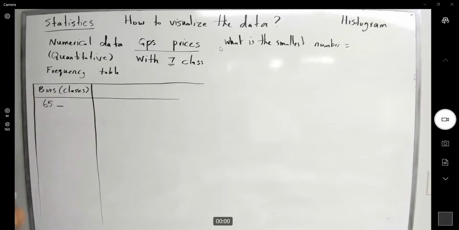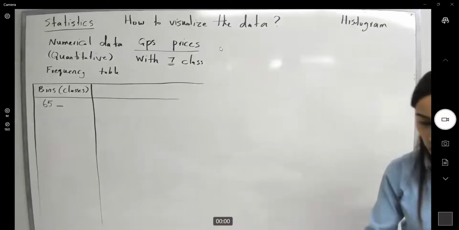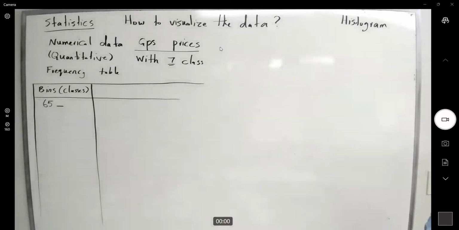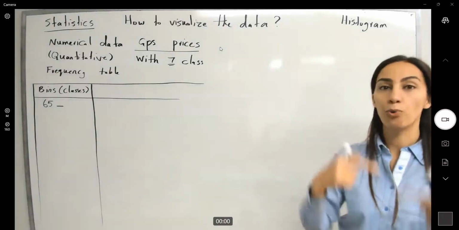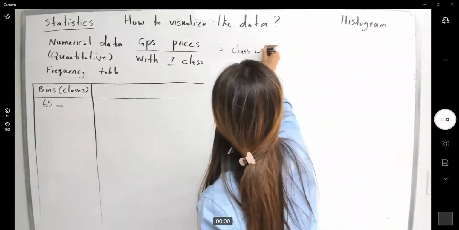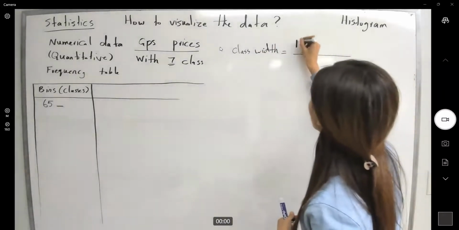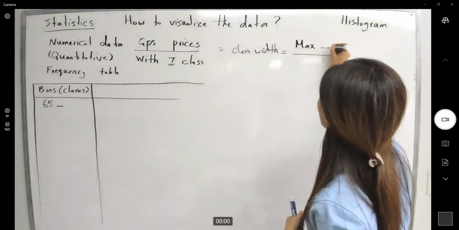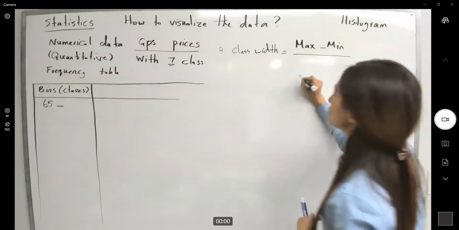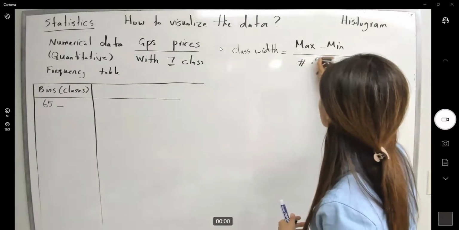Now, what are you going to find? You're going to find the class width. Class width is maximum value minus minimum value divided by the number of classes.